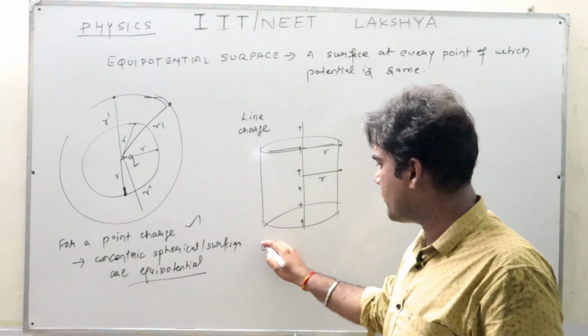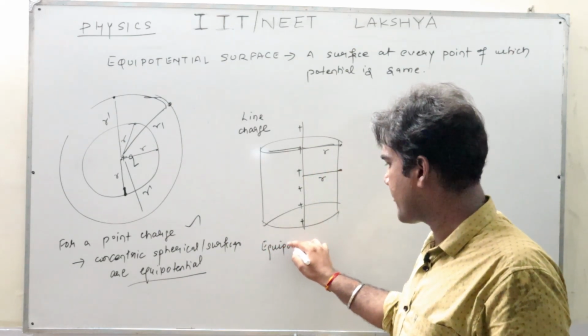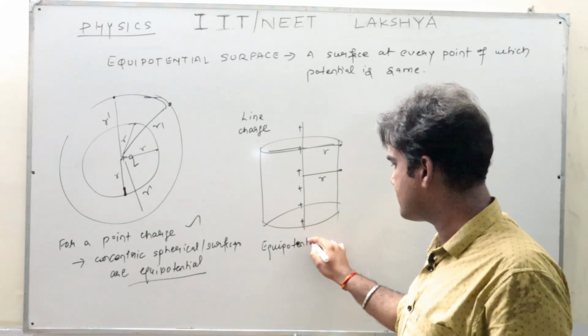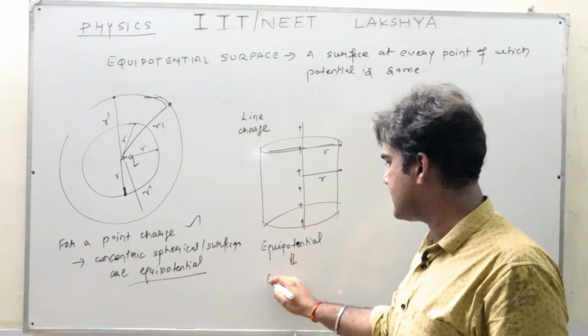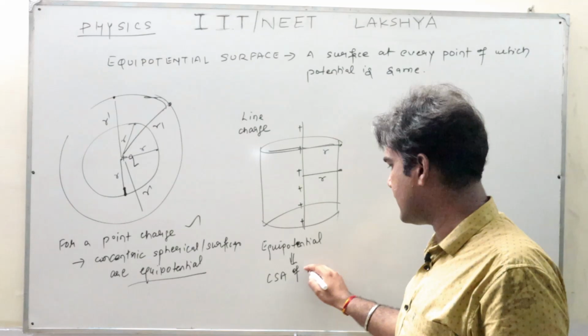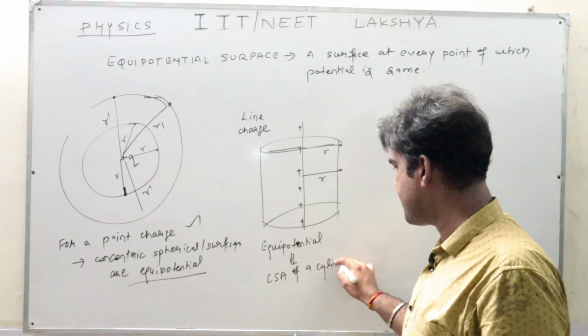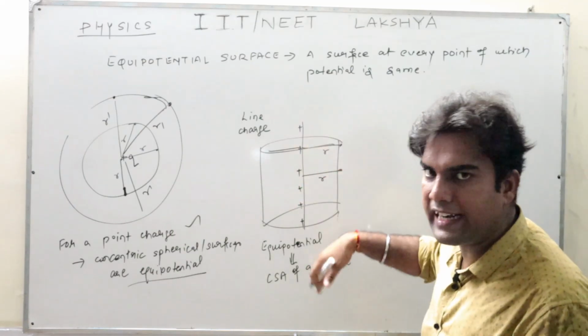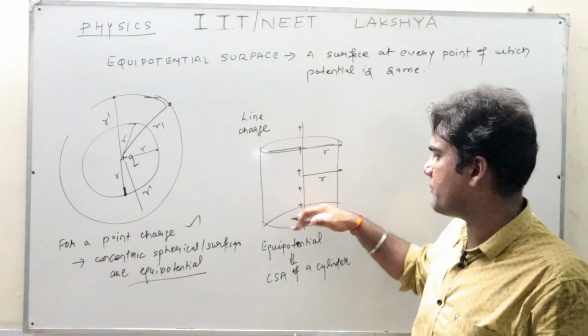So here the equipotential surface is the CSA of a cylinder. This is an infinite line charge, so we are not considering the top surface and bottom surface.